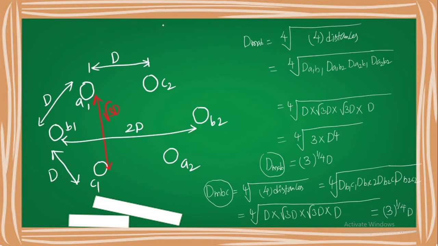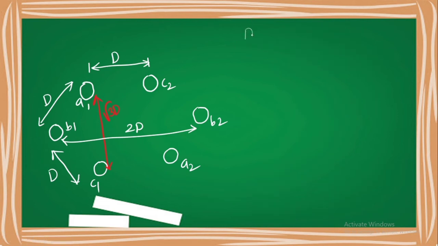Similarly, if you try DMCA on your own, you will get the same answer, which is 3 power 1 by 4 times D. Now, putting all these together, the equivalent GMD is the cube root of DMAB, DMBC and DMCA.